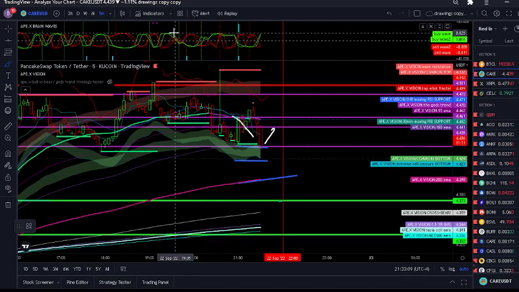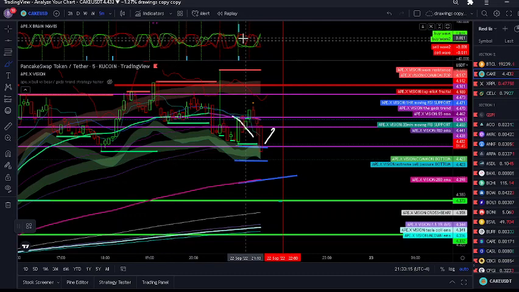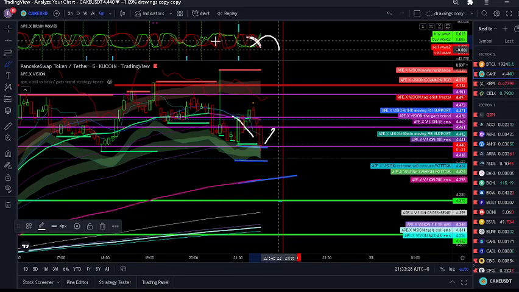As I explained earlier, when this turns red, or when the red line comes down, that's a bearish call. When the green line goes like this and then goes down, like right here, this is a bullish call.